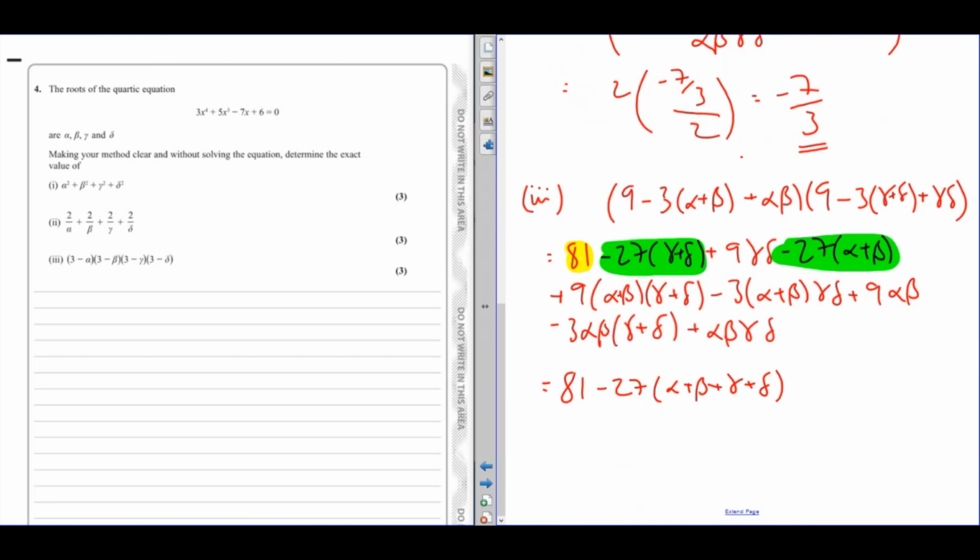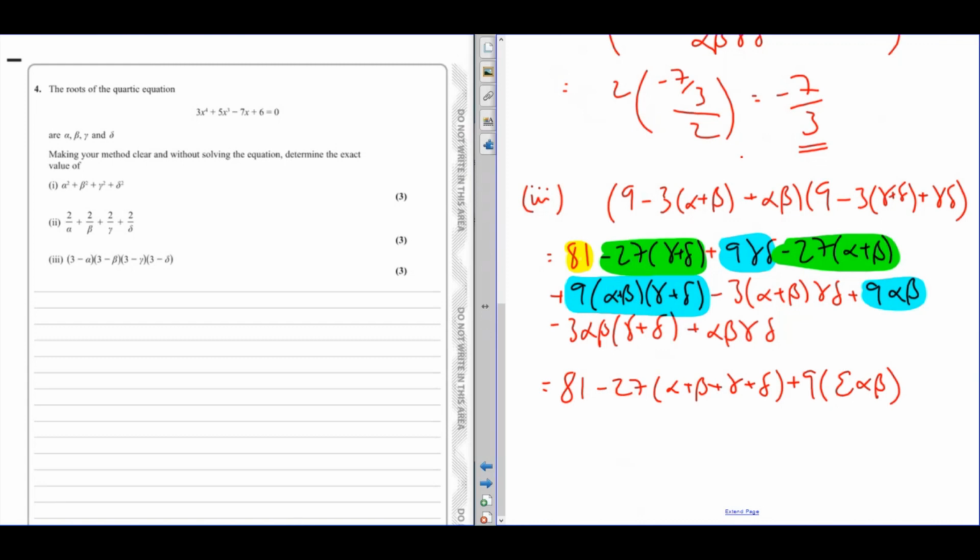Then your product pairs will have a lot of terms. You'll have these ones, so 9 gamma delta, 9 alpha beta. You'll also get some from expanding this bracket in here. So in here, you'll get a 9 alpha gamma, a 9 alpha delta, a 9 beta gamma, a 9 beta delta. That's all of them included in there. So this is plus 9 times the sum of your product pairs. I'm not going to write them all out, but they're all there.